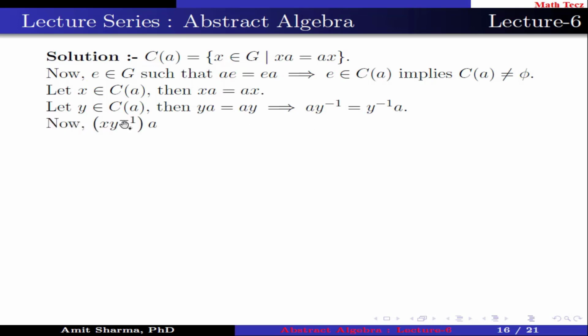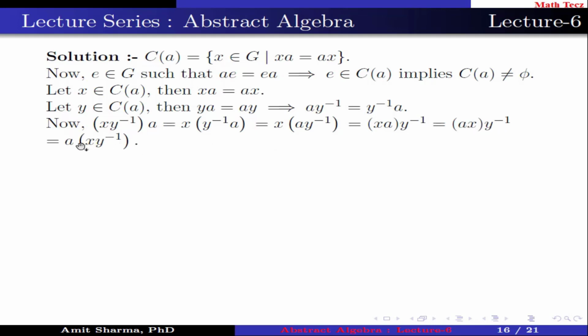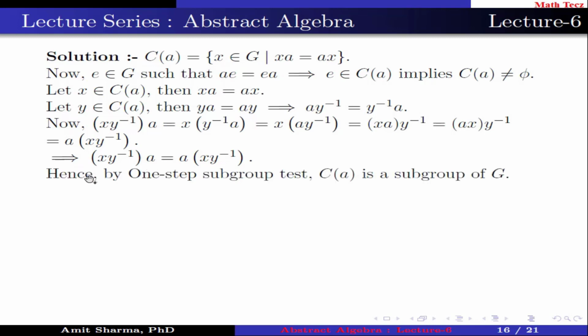Now x y inverse times a can be further written as x times y inverse a, which is further written as x times a y inverse, which is further written as xa times y inverse, which can be written as ax times y inverse, which is equal to a times x y inverse. This implies x y inverse times a equals a times x y inverse. Hence, by the one-step subgroup test, the centralizer of a is a subgroup of G.